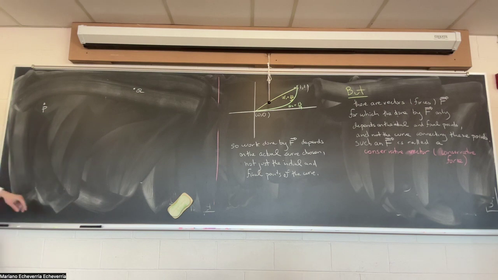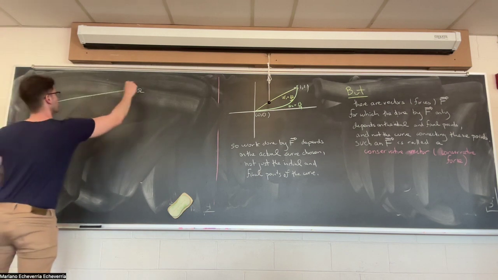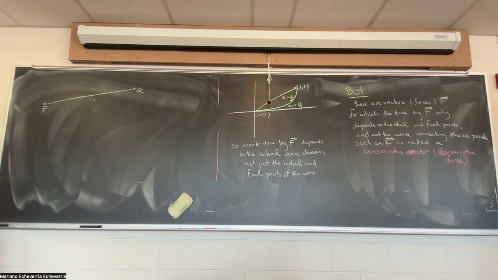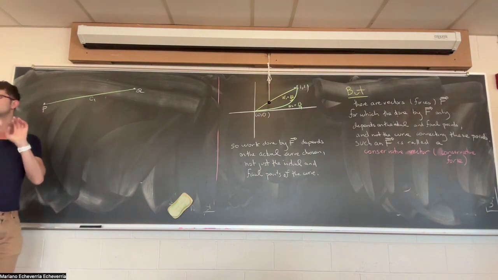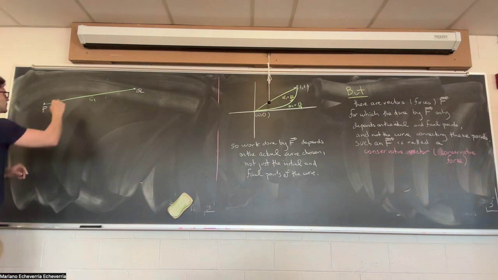One way is to draw a straight line. Let's call this curve one, and I'll put some arrows to indicate that I'm moving from point P to Q.